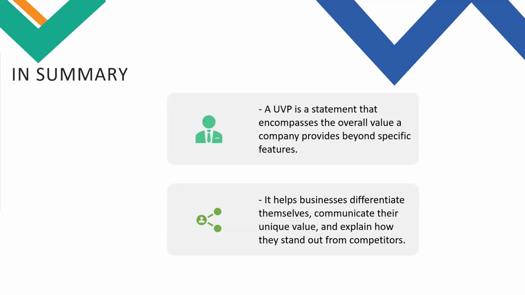It's also important for businesses to differentiate themselves and communicate their unique value to the customers while explaining how a company or its offering can solve that customer's problem or meet their needs in a way that sets it apart from competitors. And generally that's what most businesses do, is they really want to solve a problem. If you can solve a problem, you can be successful. You may even have to let them know that it's a problem. But if you can solve the problem, that takes your business to the next level.